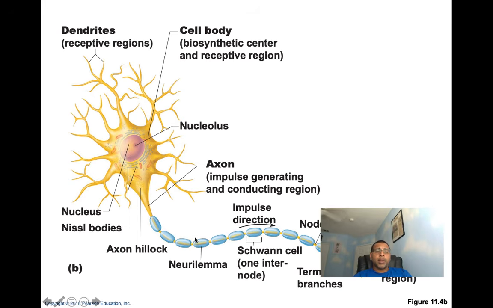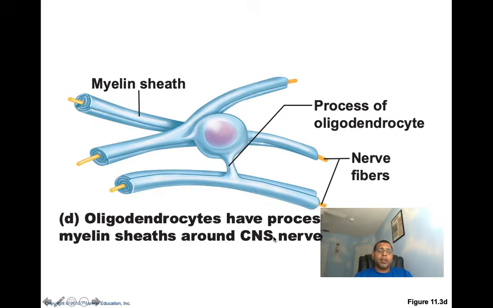Next, here we can appreciate the Schwann cells and how they produce myelin. When we talked first about the oligodendrocytes, we saw they produce myelin in the CNS, and one oligodendrocyte produces myelin for many nerve fibers.